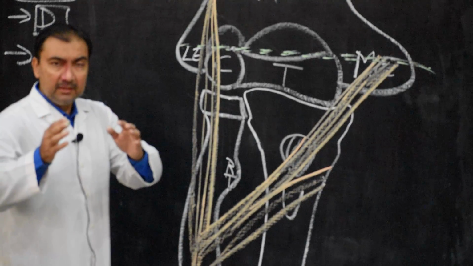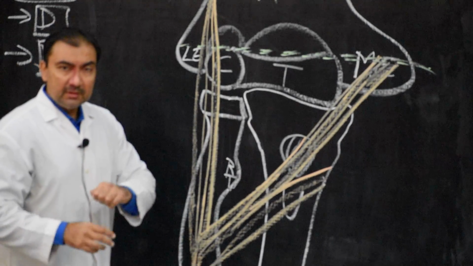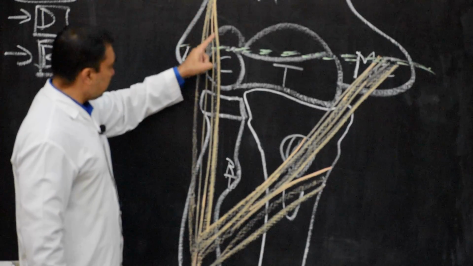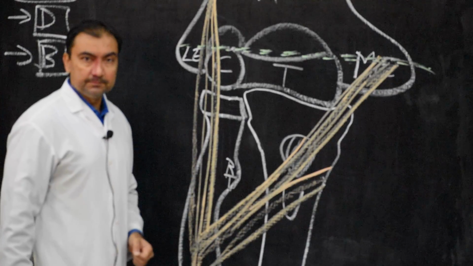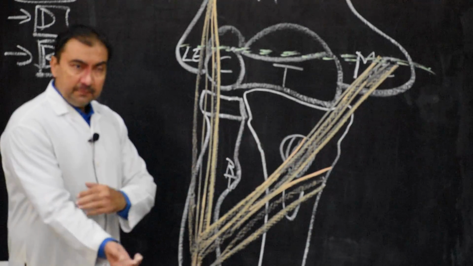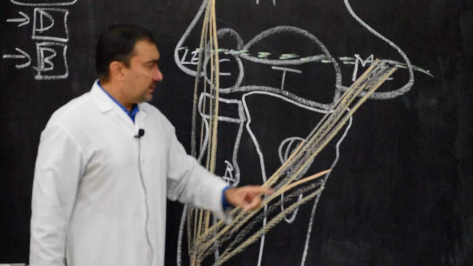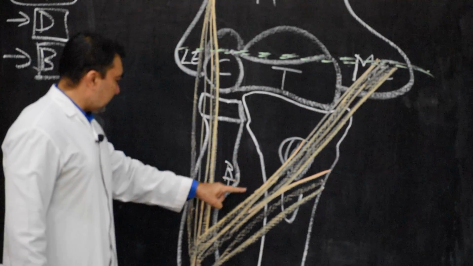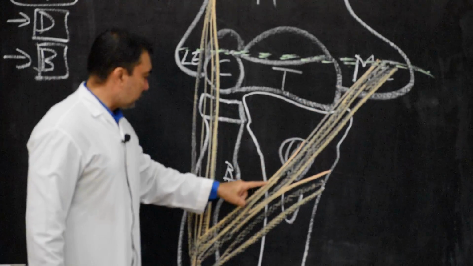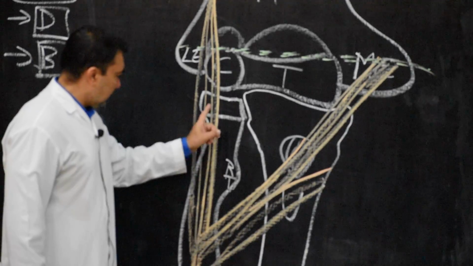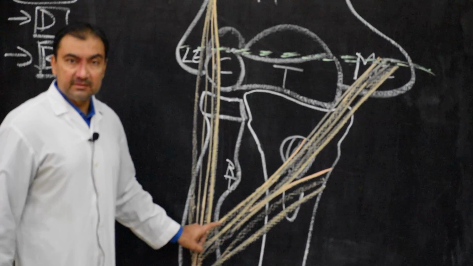Once again I'll repeat, it is in front of the elbow, the boundaries will be: laterally, it is bounded by the medial border of brachioradialis muscle. Medially, it will be bounded by the lateral border of pronator teres muscle. Apex will be formed by merging of the brachioradialis and pronator teres, this is the apex.